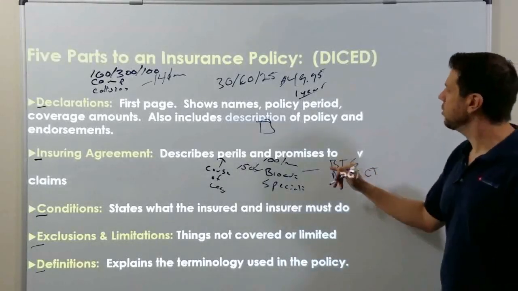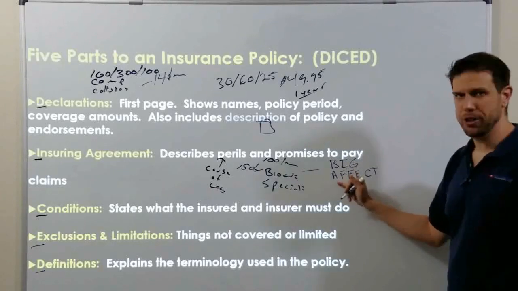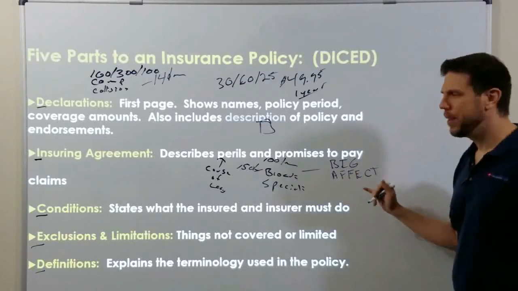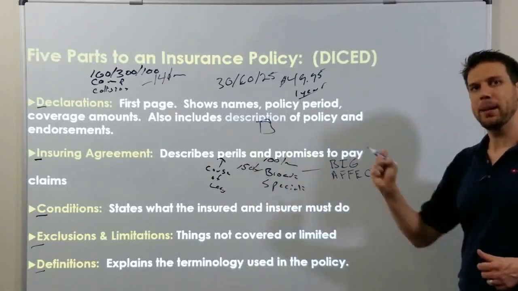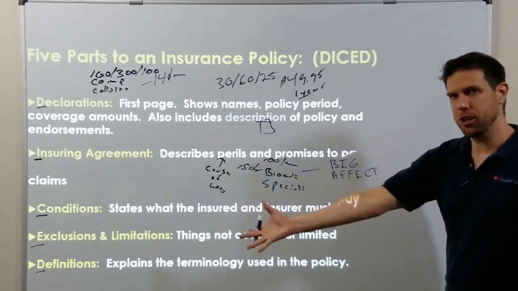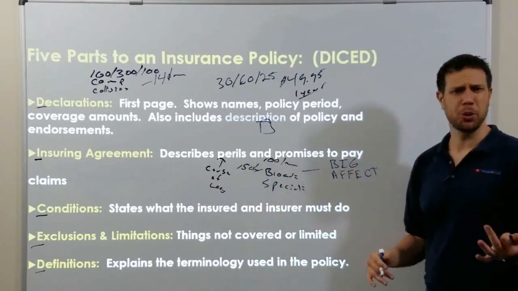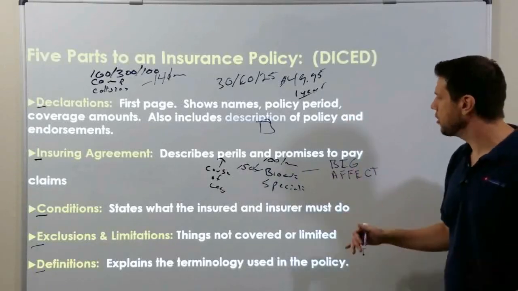The broad cause of loss form covers BIG EFFECT: burglary, ice, glass, accidental discharge. That is not a gun, that is a water heater that burst or a pipe that burst. It's water damage that accidentally discharged in your house. So like if your toilet breaks and it starts spewing water everywhere, that's accidental discharge.